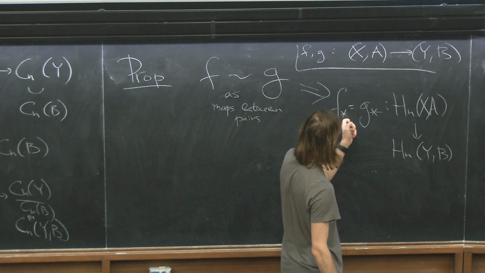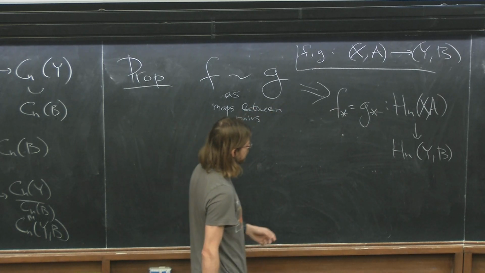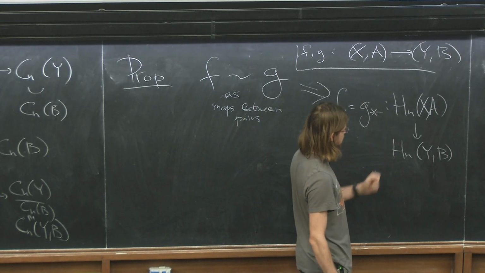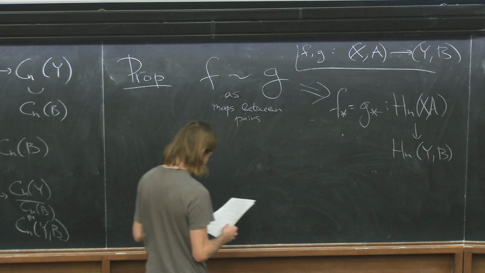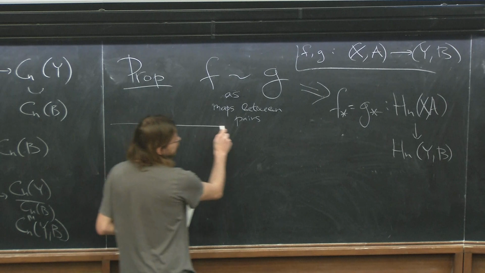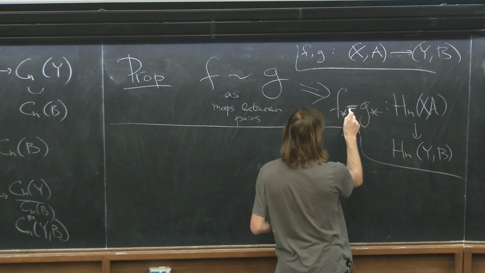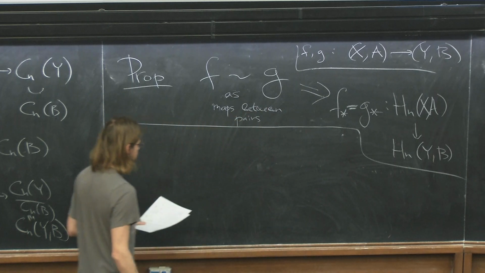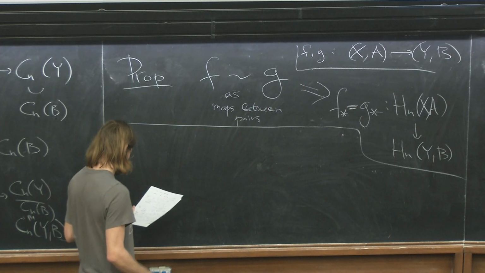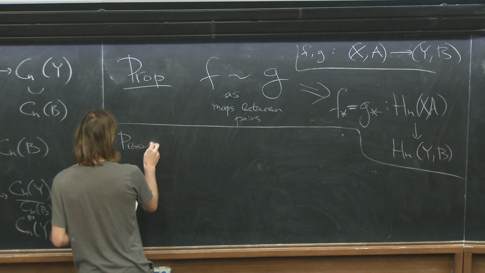What are F star and G star, the push forwards on these relative homology groups, we also just defined. The statement is that the push forwards are just equal maps. How do we prove this?